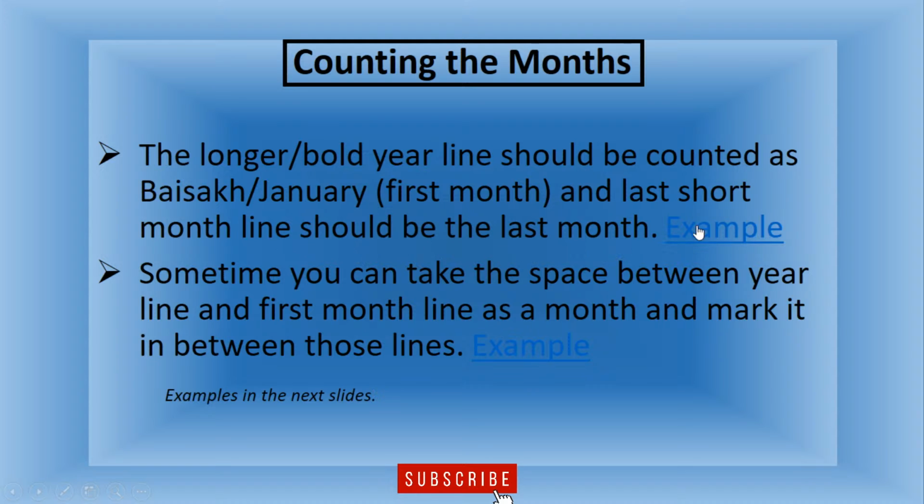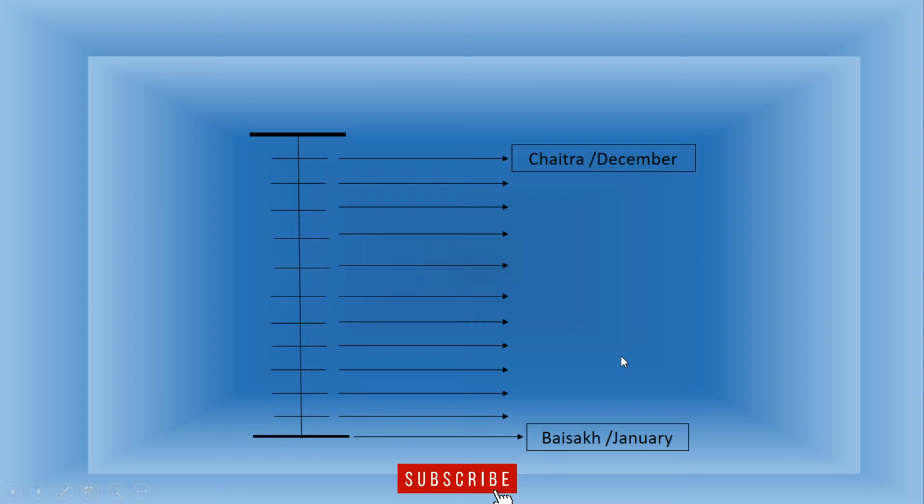This is very easy, so look here. Always remember this very necessary tip. The year line must be counted as the first month, Baisakh or January, and the last shorter line will be Chaitra. Sorry, this must be Baisakh.